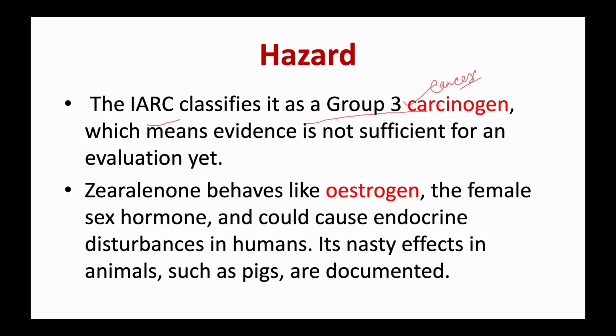Any cancer causing agent is known as carcinogen, and therefore there are certain evidences which have shown it as a carcinogen, but still there are not sufficient evidences available. A lot of research and evaluation is needed. And this Zearalenone behaves like an estrogen. So estrogen is a female sex hormone. It helps females in puberty.